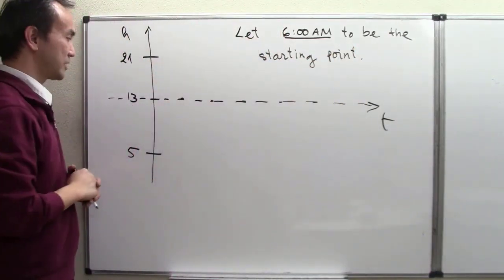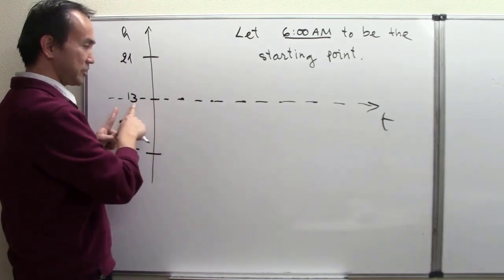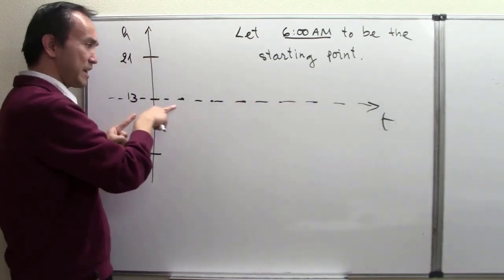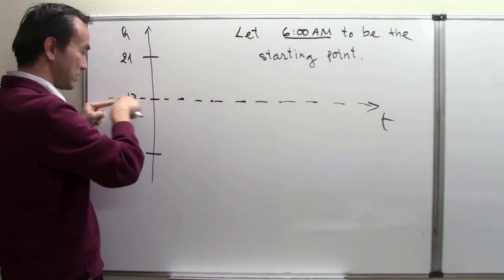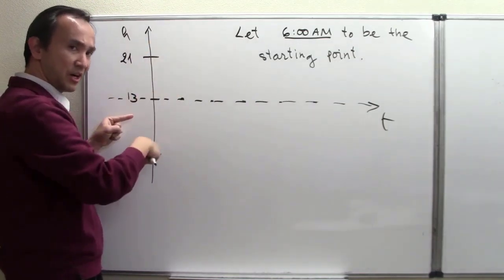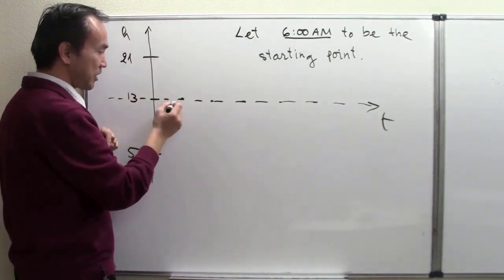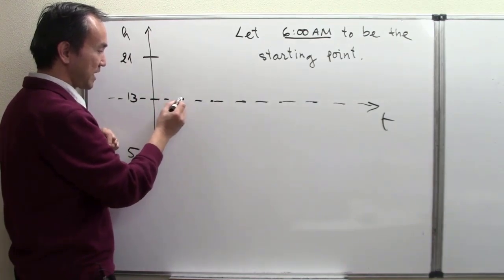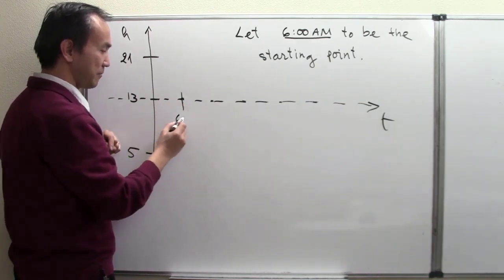All right. And so now on this timeline right here, and again, I'm putting that dotted timeline right on the mid-tide line, this time starting point right here, I call that 6 a.m.